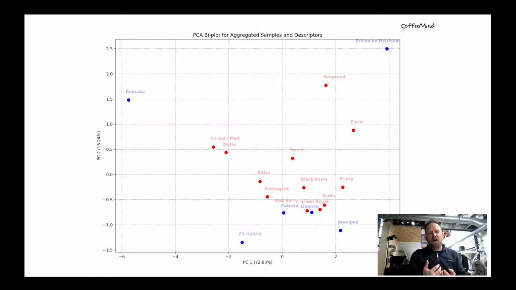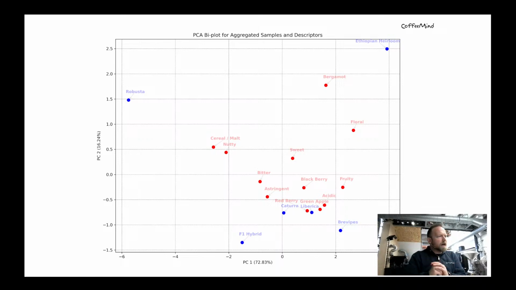In order to answer that question, we did the descriptor development, and we decided these needed to be scored, and that's where I said there were a lot of descriptors, 13. They were scored on intensity of cereal/malt, nuttiness, bitterness, astringency, red berry, green apple, acidic, blackberry, sweetness, fruitiness, florality, and bergamot. That's the red dots.